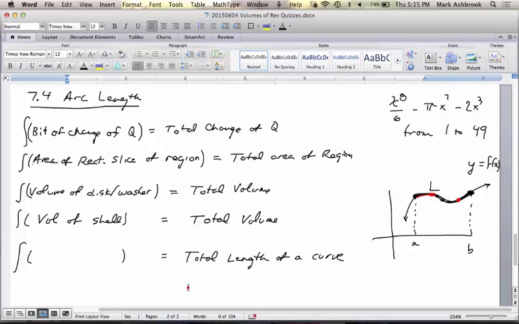When we get lots and lots of those segments that are very, very short, they will mimic the actual curve. Okay? So the total length of the curve is going to be the sum of a little itty bitty line segment.